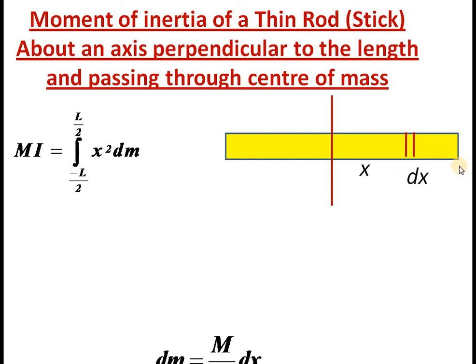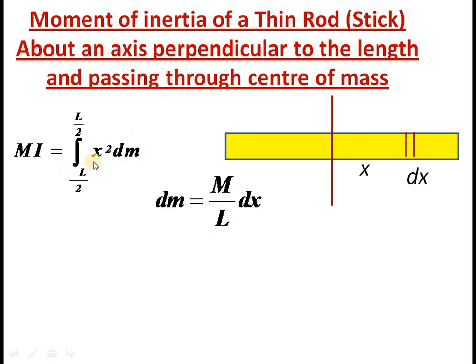And how will the integration go? For that you have to replace dm. dm will be equal to the mass of thickness dx, which can be easily found by taking the mass per unit length. Mass per unit length is given by m by L, so dm is m by L into dx.